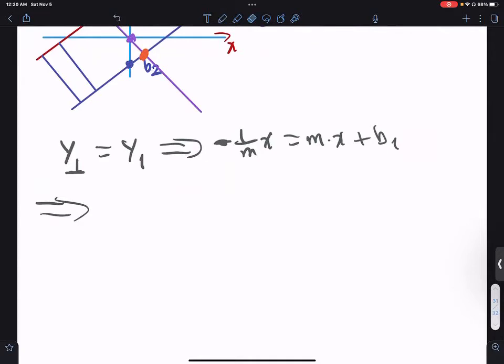Very simple. I'm moving all the x's to one side, to the right, and the constant by itself to the left.